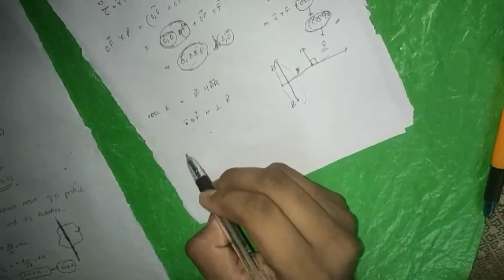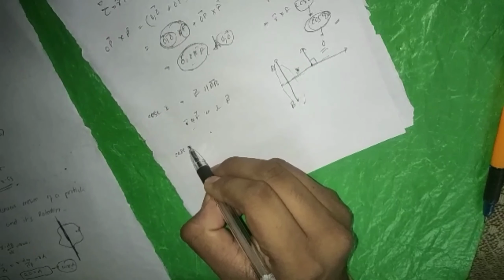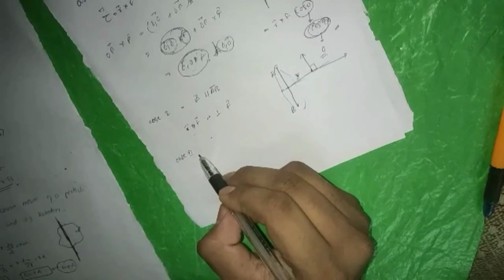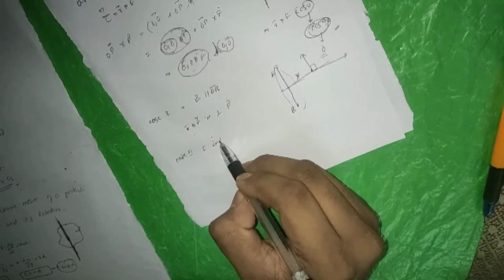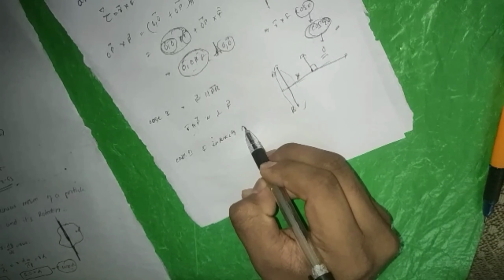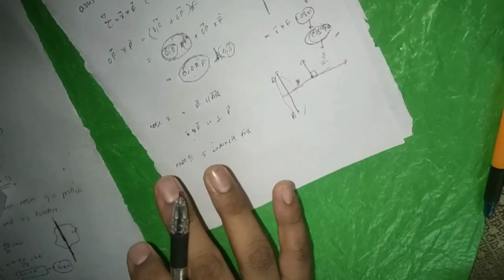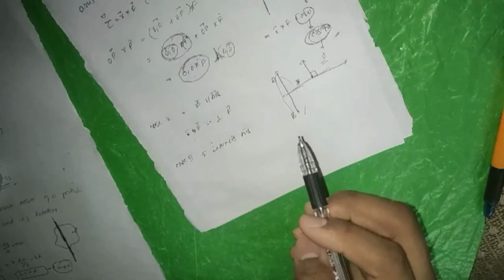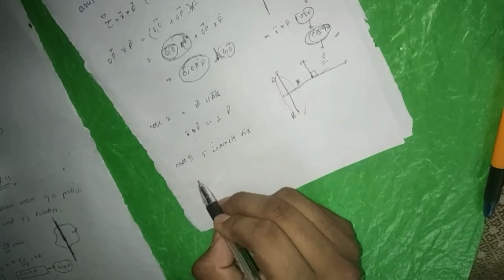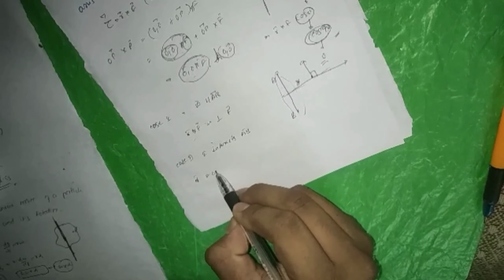Now one more case, Case 2. F bar intersects AB. In this case also the torque is 0, because taking a point on the intersection, again R bar is equal to OP.